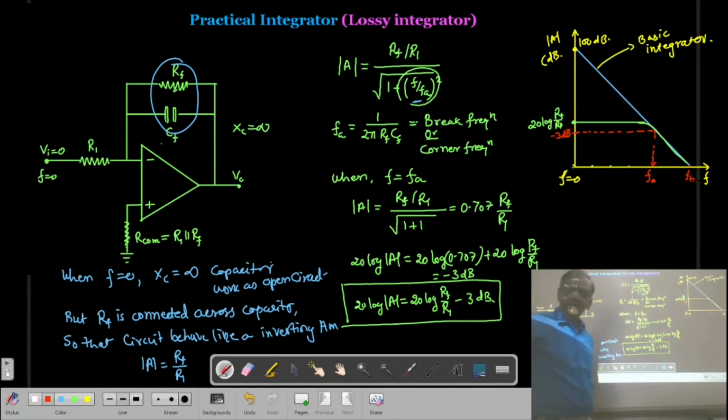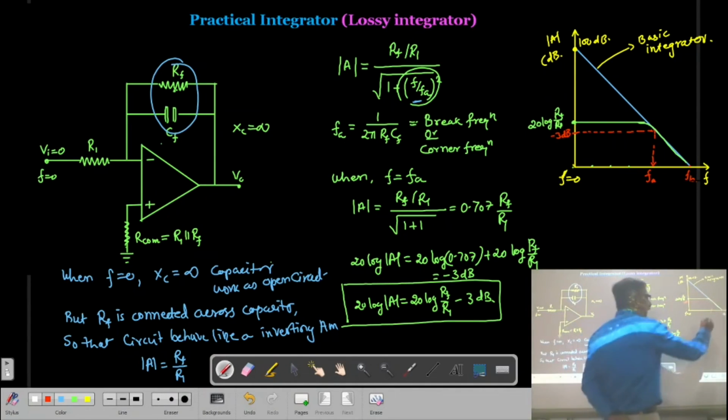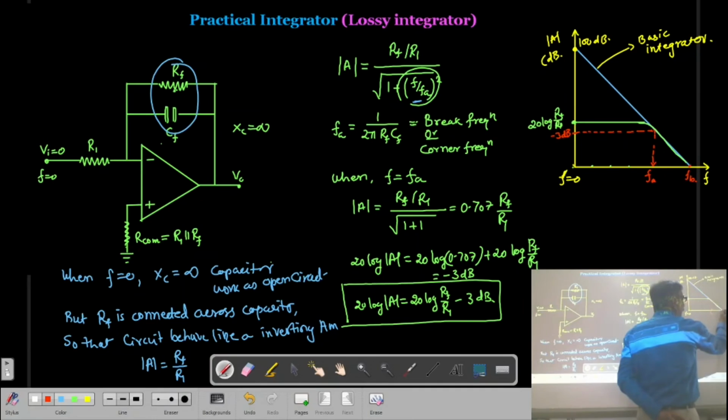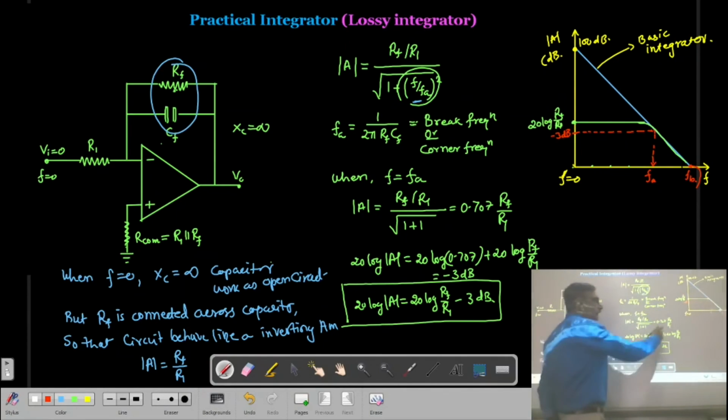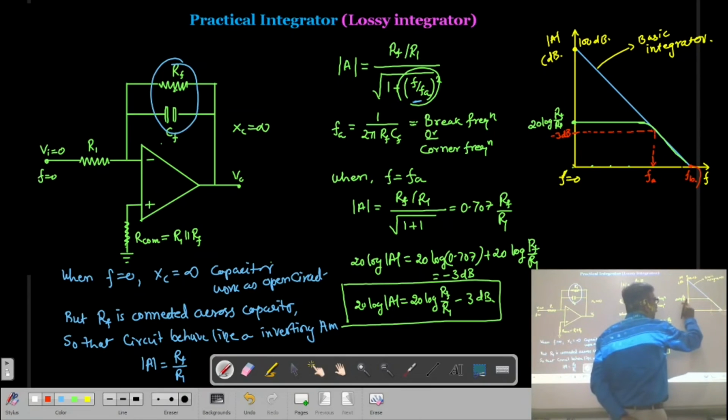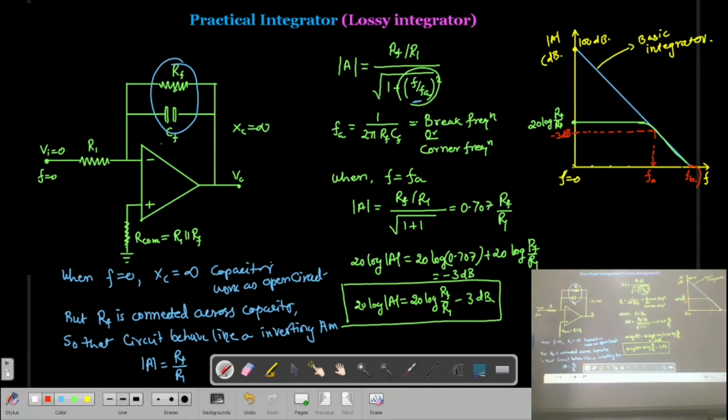Already we have defined in a basic integrator that where the gain of the amplifier is unity or 0 dB, that frequency is known as Fb, and when the gain of the integrator is reduced by 3 dB, that is known as frequency Fa.